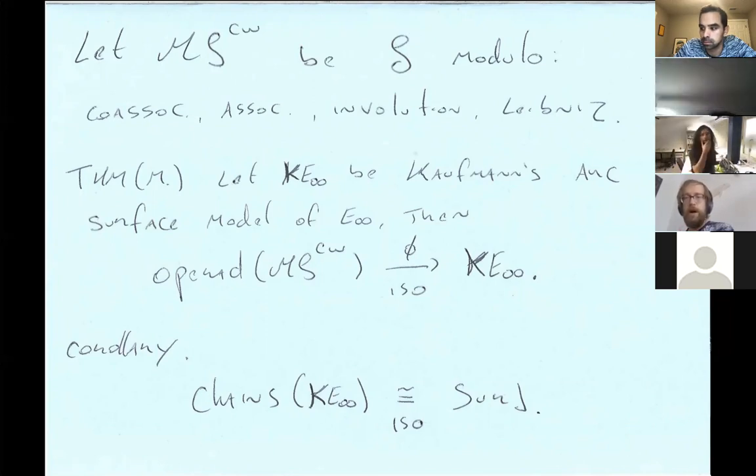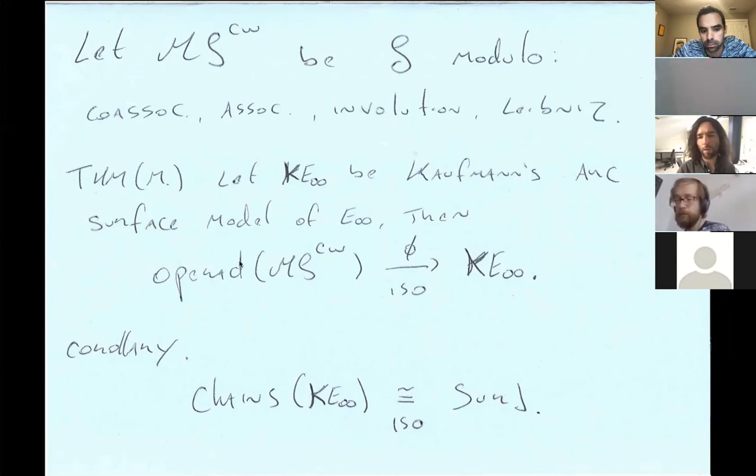And now we have a very similar theorem to the one that we saw in the algebraic context. In this case, if K E infinity denotes Ralph's arc surface model of the E infinity operad, then this surfaceification procedure restricted to the operad associated to this cellular prop gives you an isomorphism of operads.